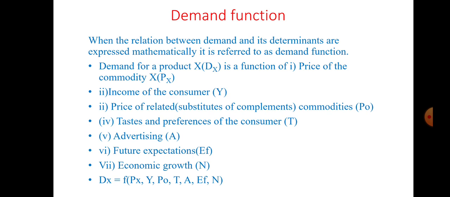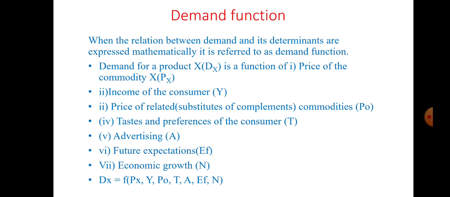Demand for a product, that we express as Dx, is a function of the price of the commodity x, which we represent as Px. The income of the consumer, all the determinants we will be considering here, is represented as Y. The price of related goods, substitutes or complements, is Po.